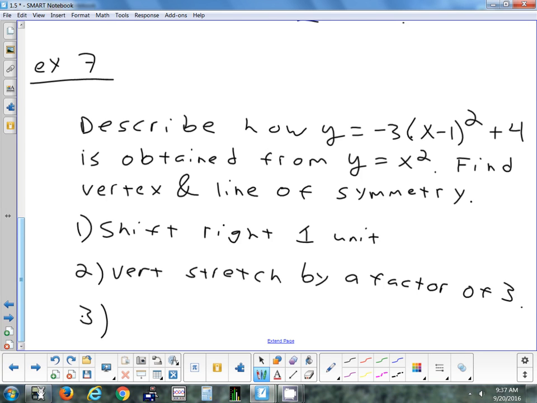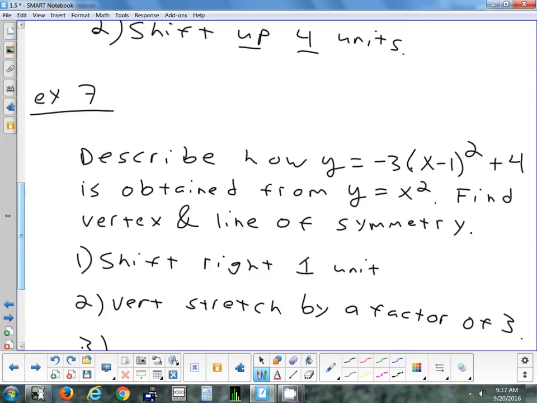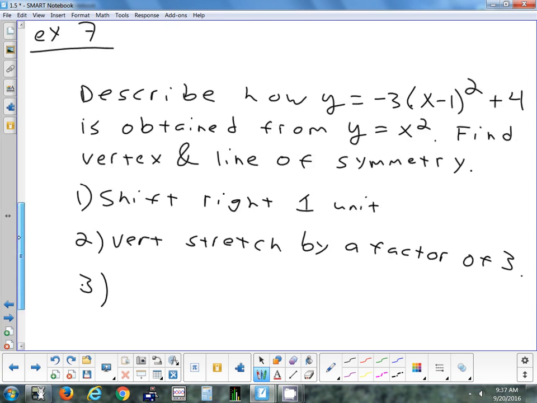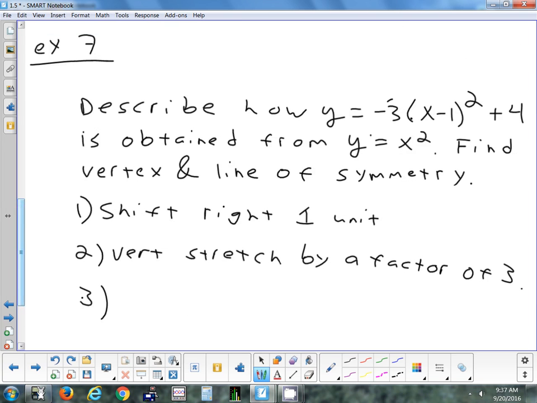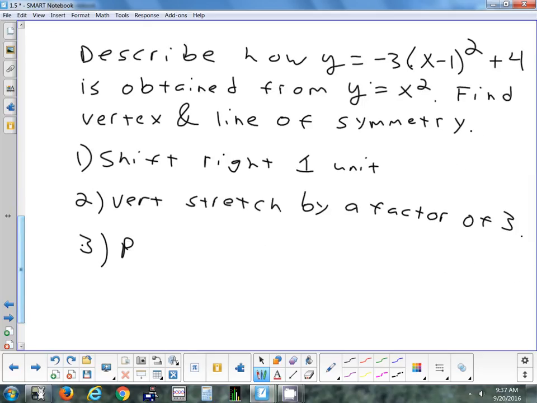That's a flip. The only way you could have a compression is if you put a number in here like a half or 1/3, something like that. So it has to be between 0 and 1. The number right here has to be between 0 and 1 to compress. So that negative causes a reflection or a flip. You can say it either way.